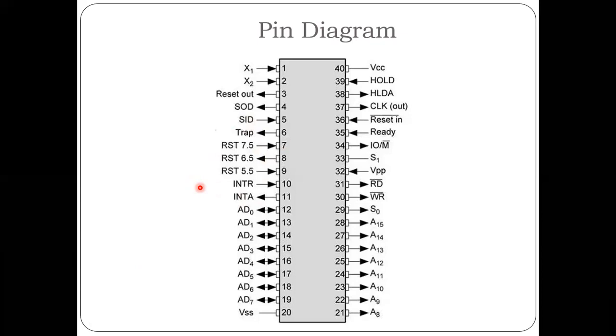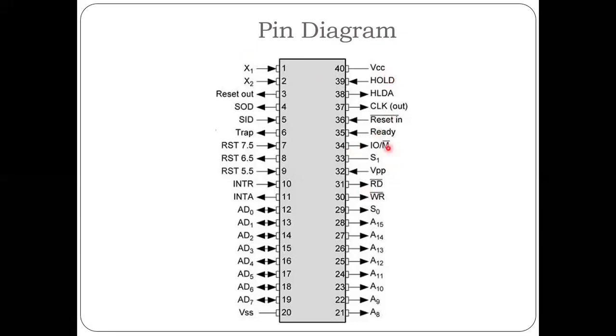Then for serial communication, we are using serial output data and serial input data. For frequency generation and clock pulse generation, we are using X1 and X2, which are the crystal oscillator connections. Then we are using HOLD and HLDA, which are used for the direct memory access process.